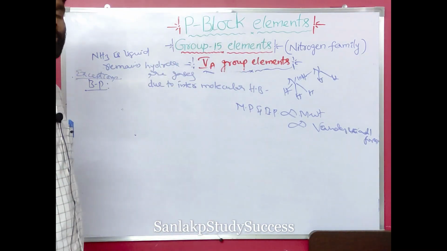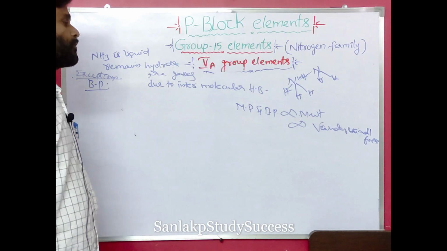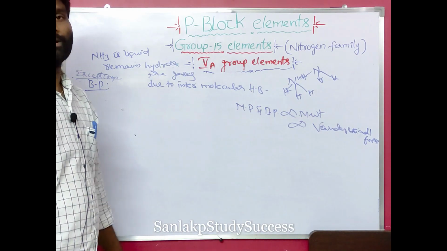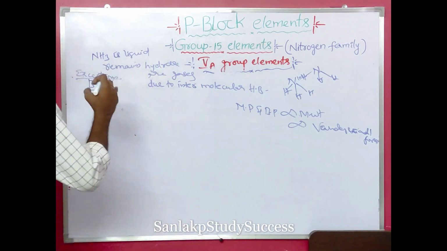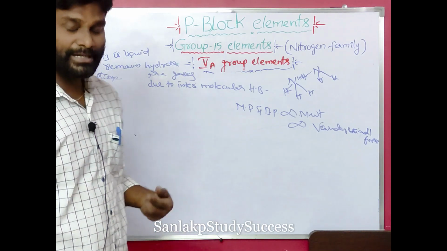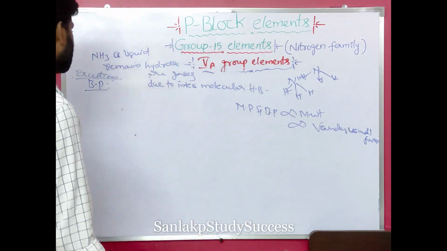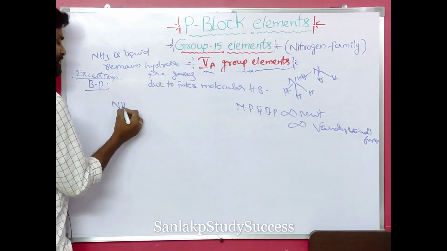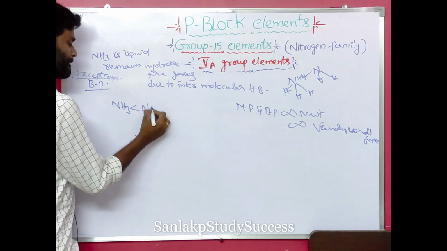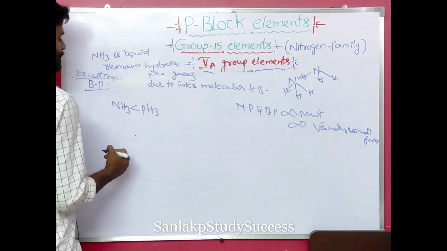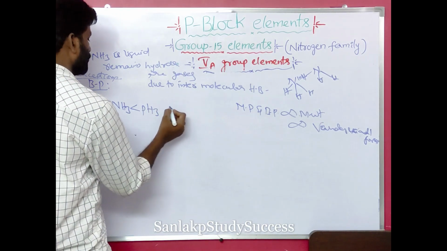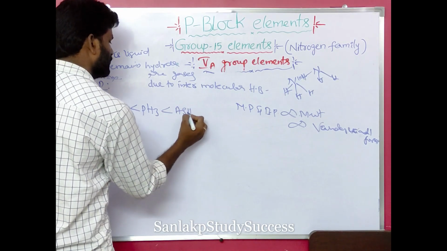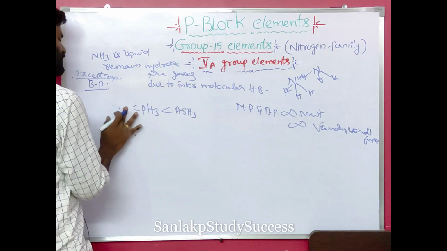So from NH3 to BiH3, its molecular weight increases. So generally the melting point order is NH3, PH3, AsH3, SbH3, BiH3, but it can show abnormal behaviour.